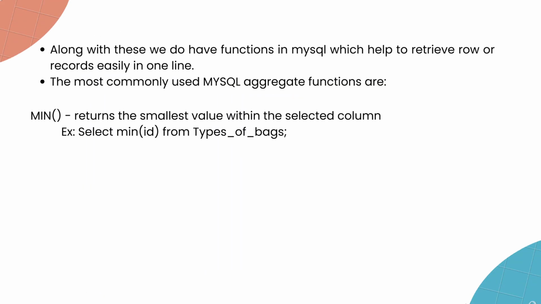Along with these, we do have functions in MySQL which help to retrieve rows or records easily in one line. The most commonly used MySQL aggregate functions are: minimum, which returns the smallest value within the selected column.